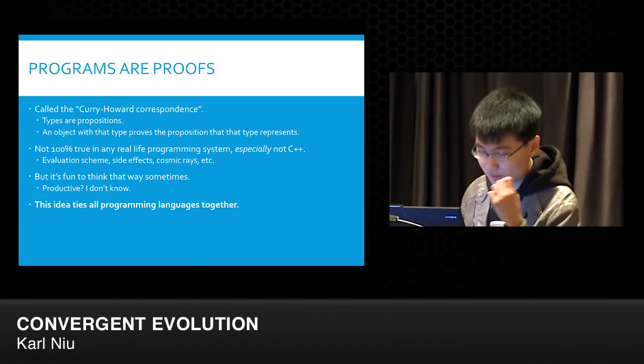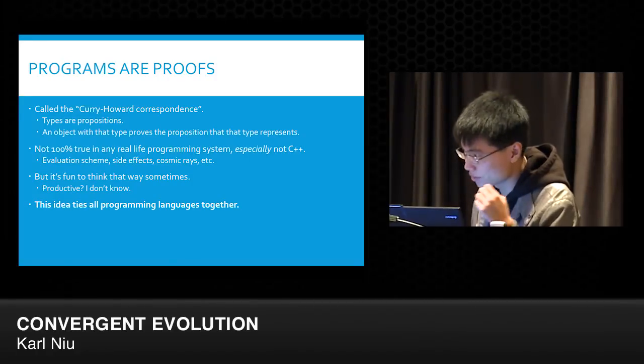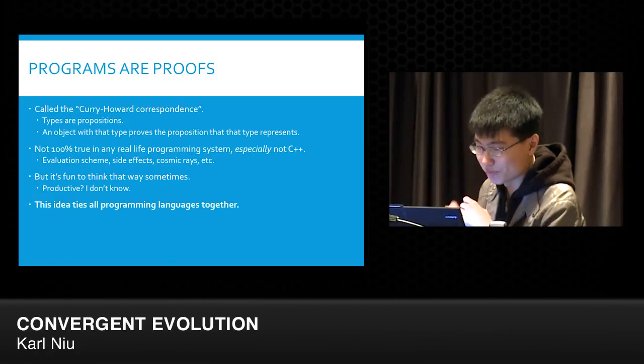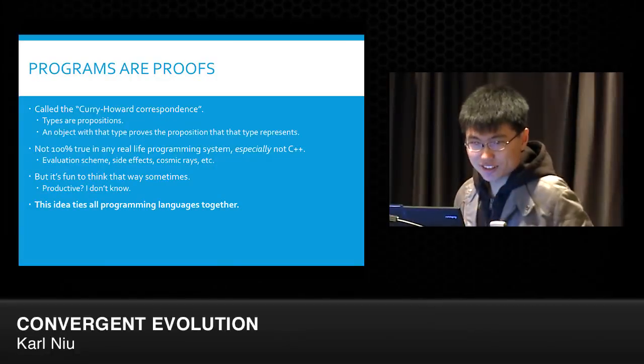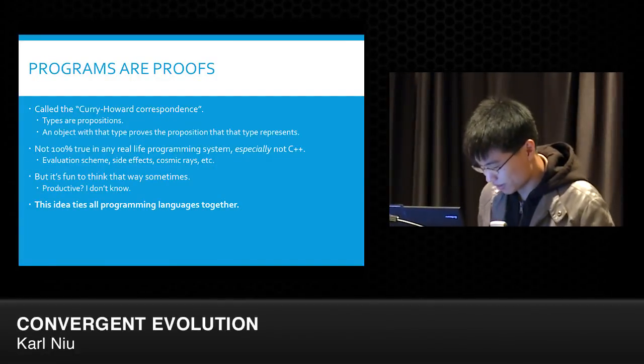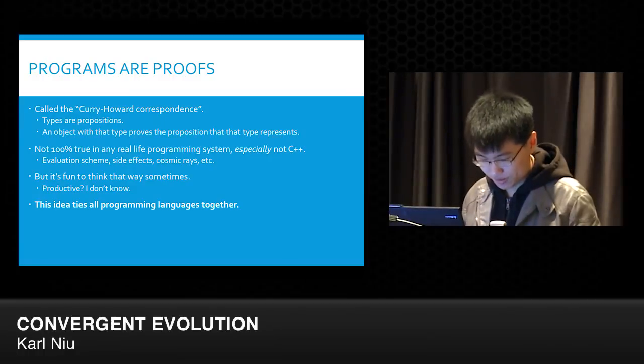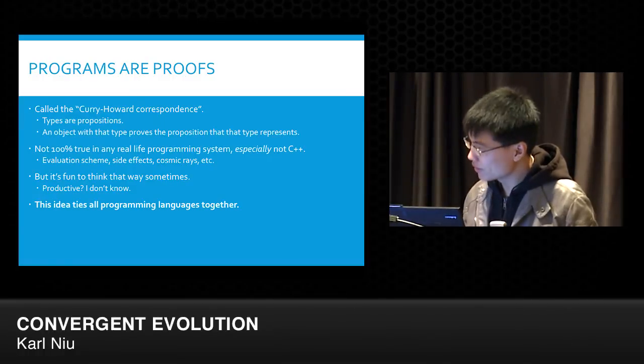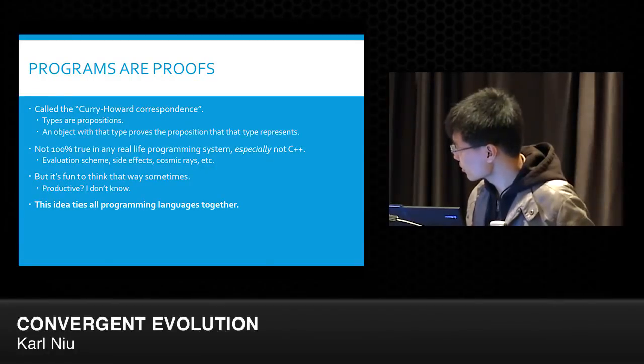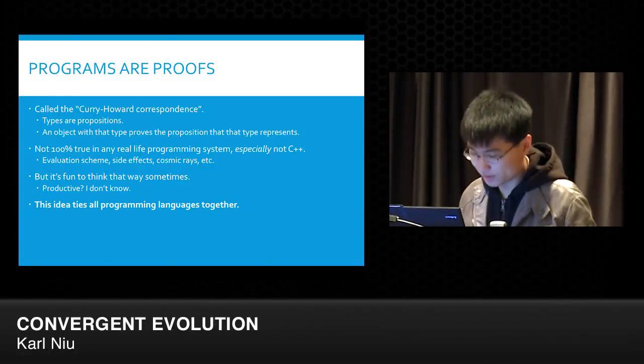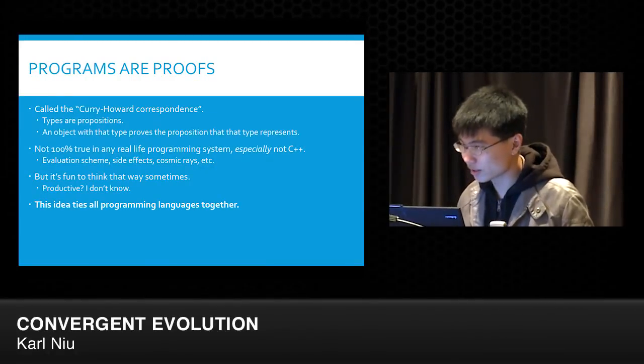There are evaluation schemes to think of, there are side effects, there are cosmic rays that come in and mess up your memory bits for you. It's not a very neat system, but it's fun to think of it like that sometimes. And I think, it's my opinion, that this idea ties every programming language in the world together in harmony.